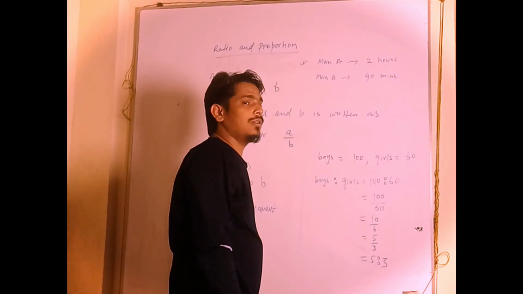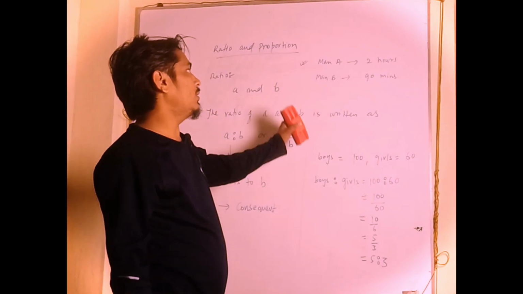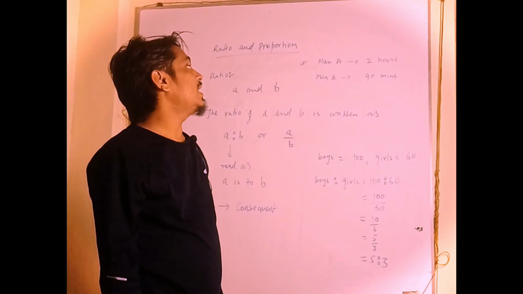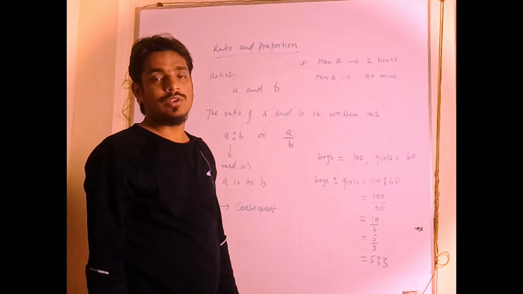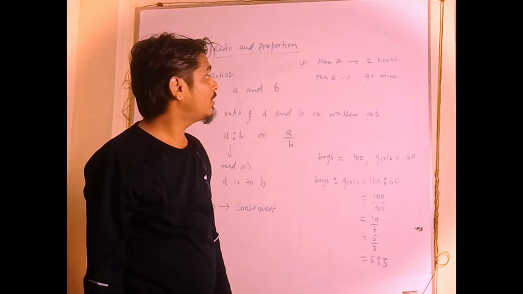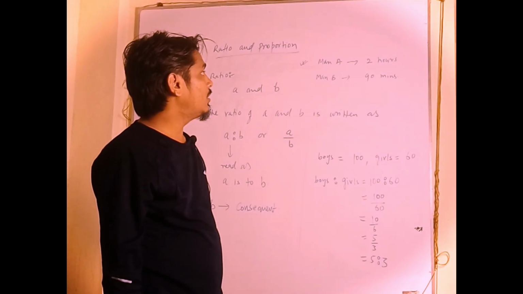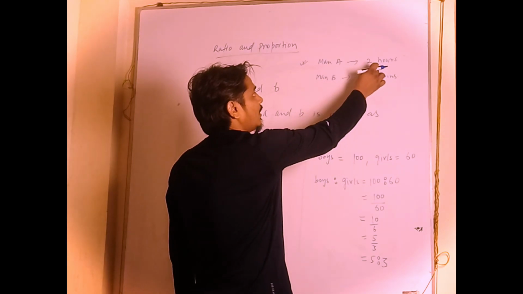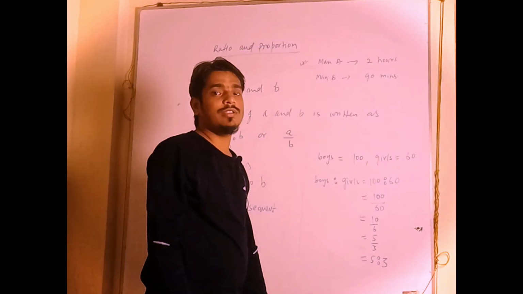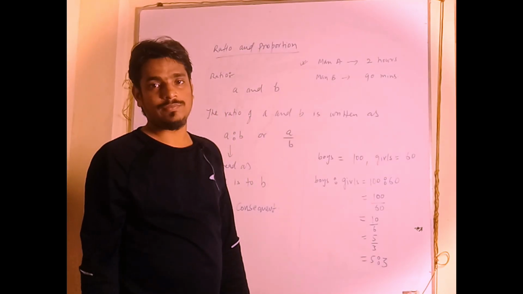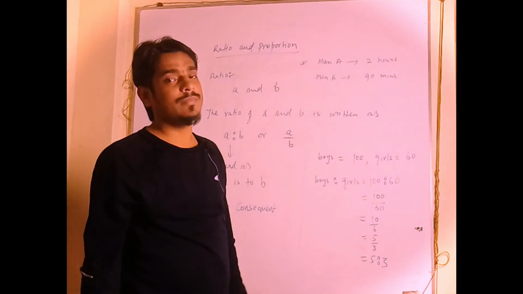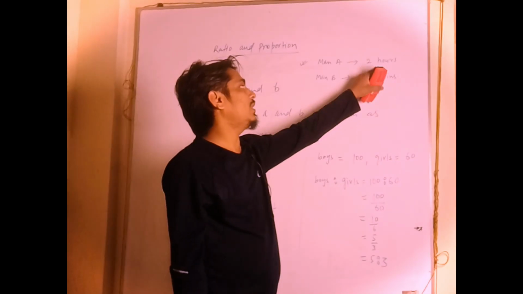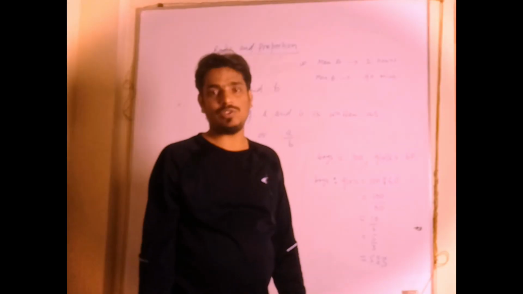If I ask you to write the ratio of the time taken by man A and man B to complete the job, you can find that both are time, but they are not written in the same unit. So we cannot express them as a ratio unless we convert both to the same unit.